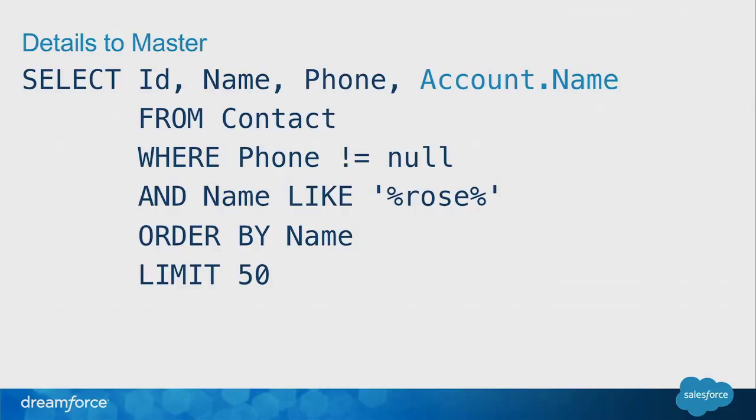There's a master-detail relationship, which basically requires that the child record have a parent, so you have to have a foreign key on the child up to the parent. Or you have a lookup relationship, which is still a foreign key to the parent record, but it doesn't have to have a value. It may be null, it may not be null.